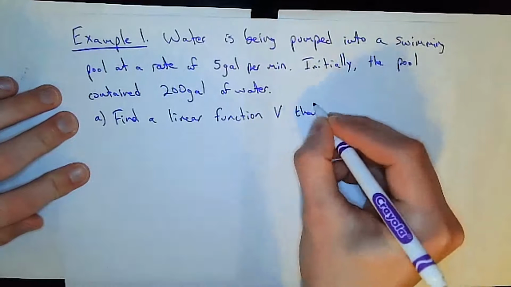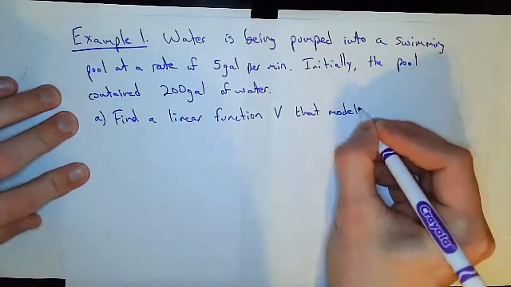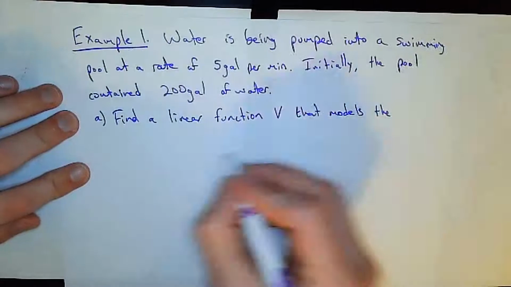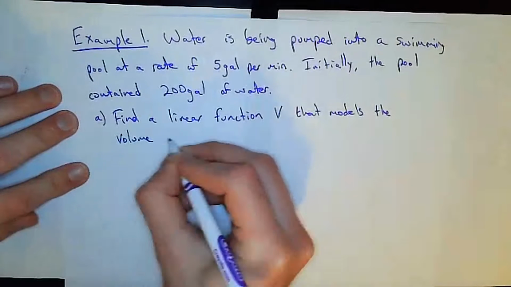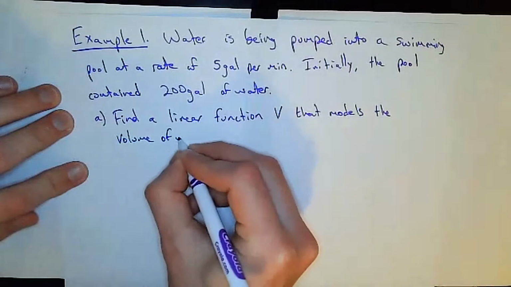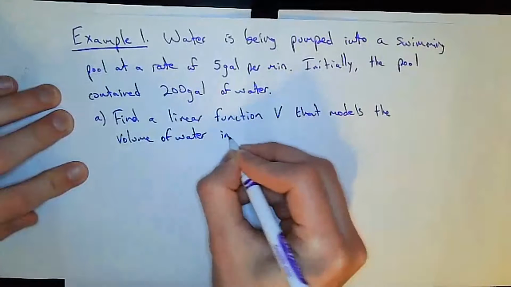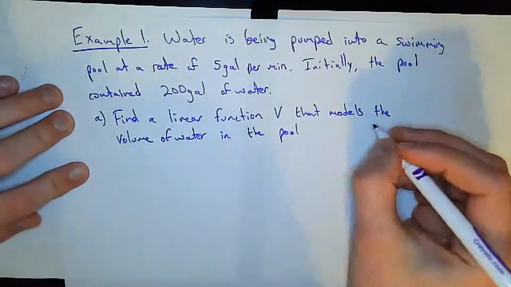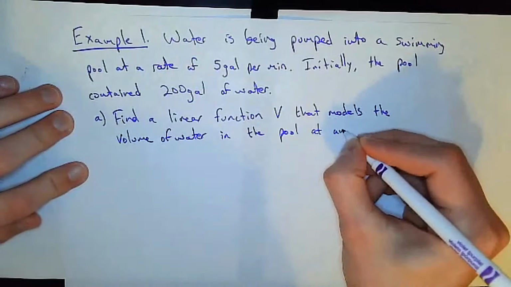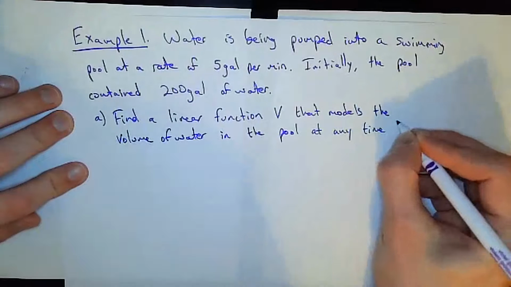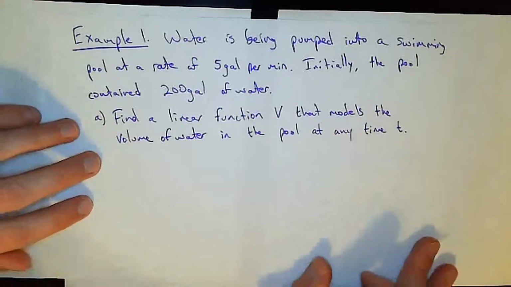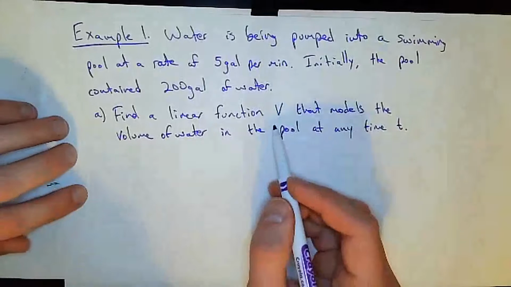Why am I calling it V? I'll explain that models. What am I modeling? The volume of water in the pool at time t. So the name of my function is going to be v.